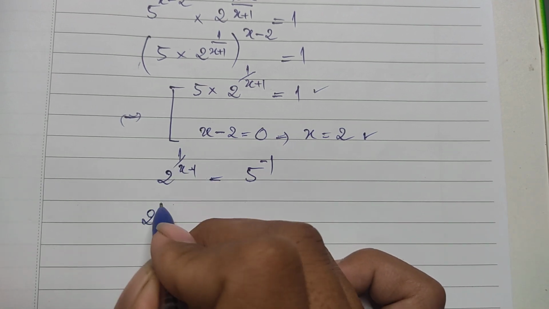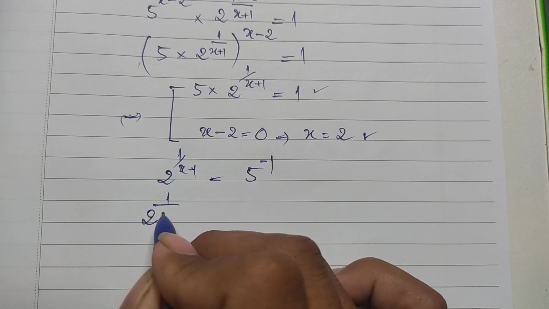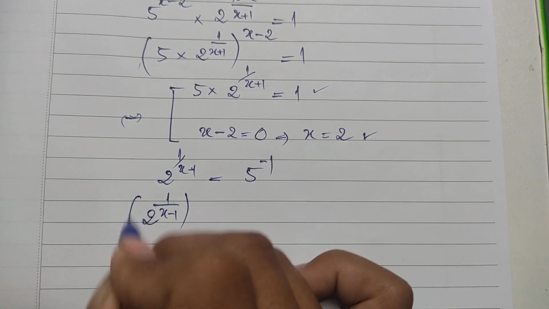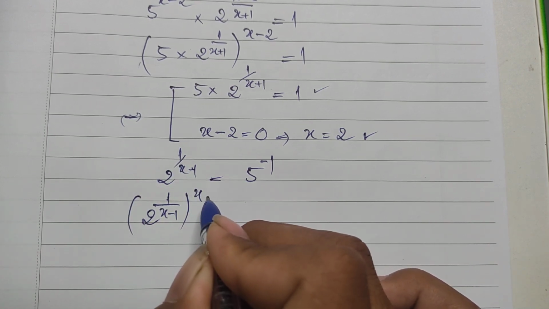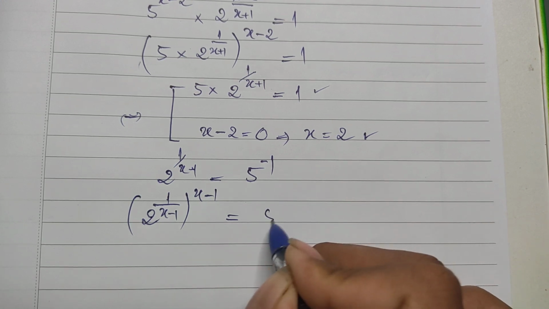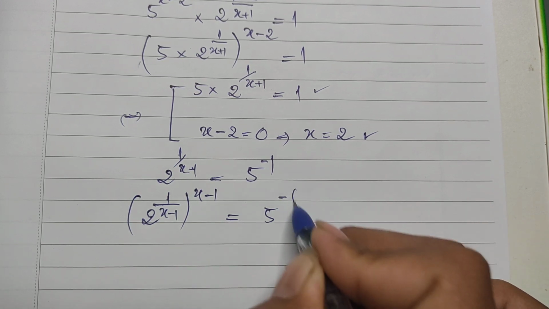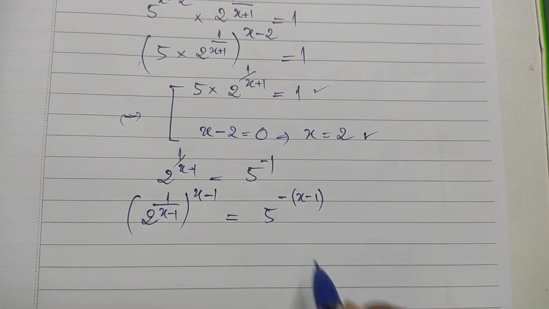So I get 2 to the power 1 equals 5 to the power minus (h+1).